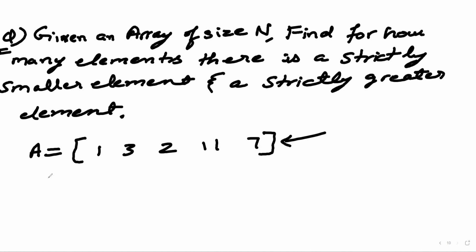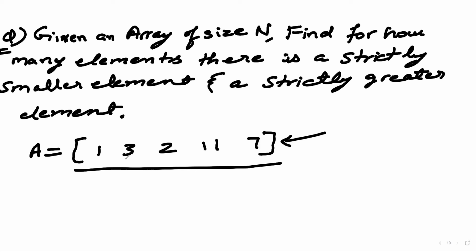How many elements have a strictly greater and a strictly smaller element in this example?